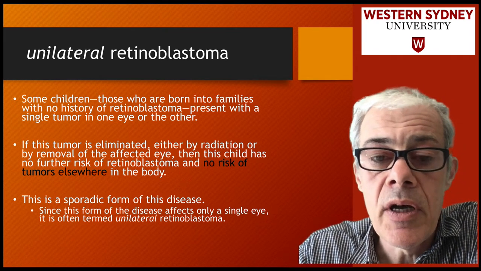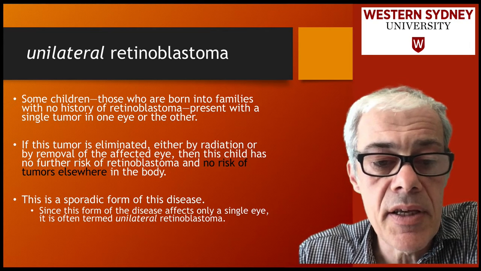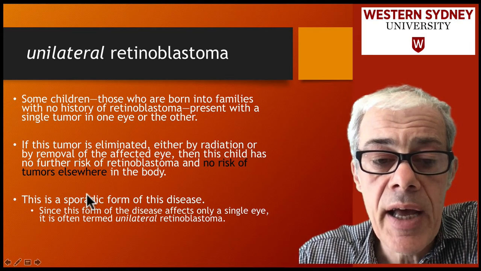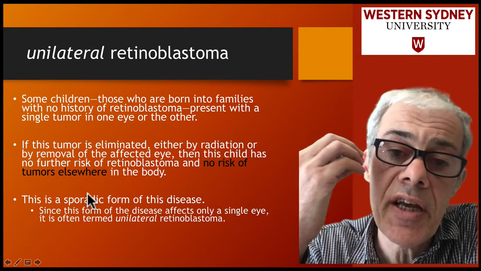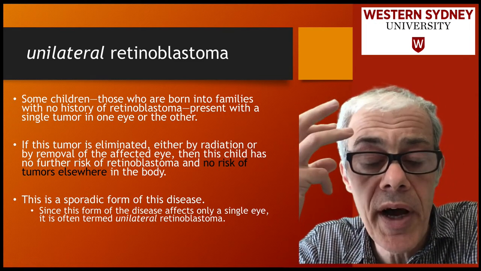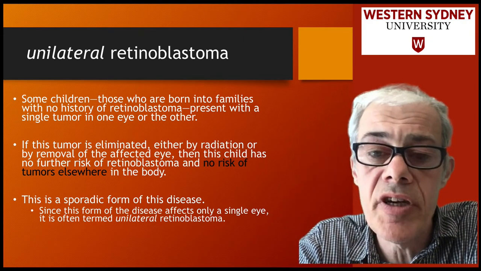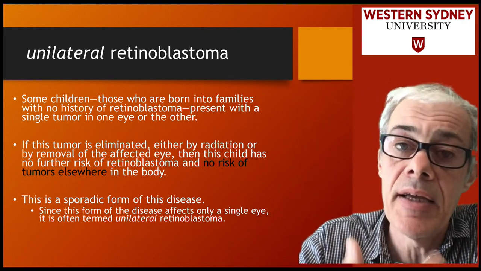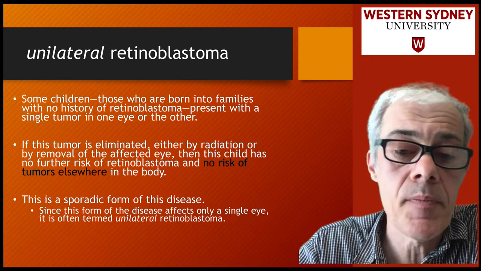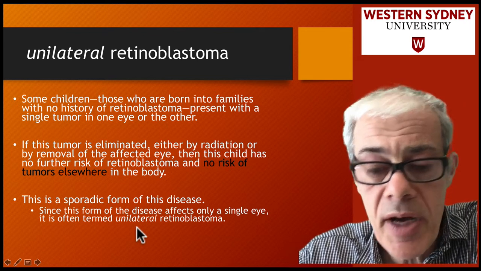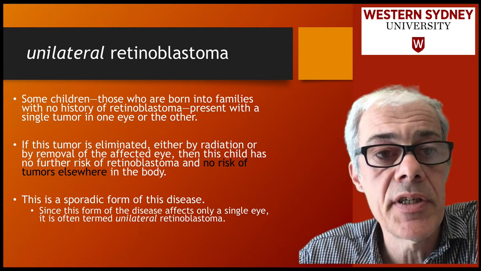So it's very clear evidence that this is a sporadic form of the disease. The mutation has occurred in those cells that develop into one eye, and when you remove those cells, there's no risk of other cells forming cancers. This is termed unilateral retinoblastoma, the sporadic form of the disease.